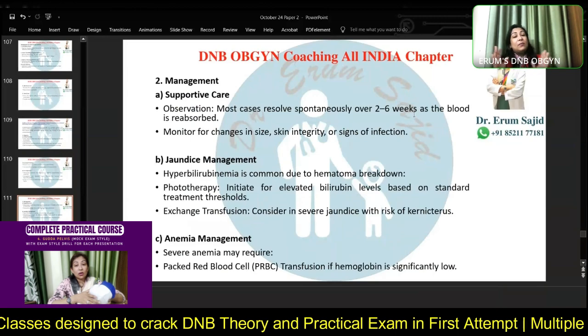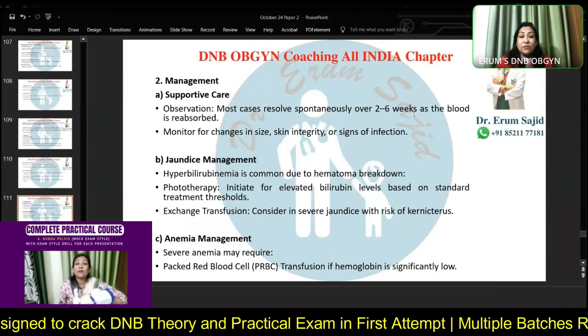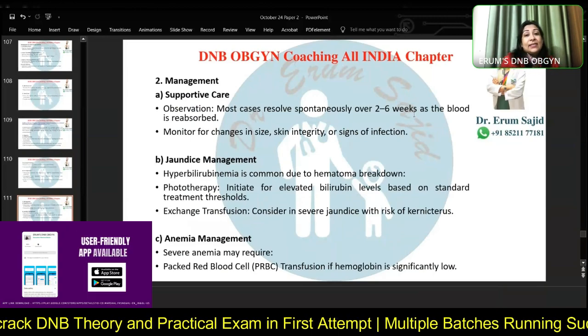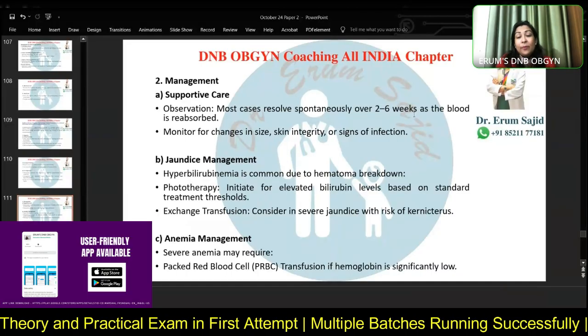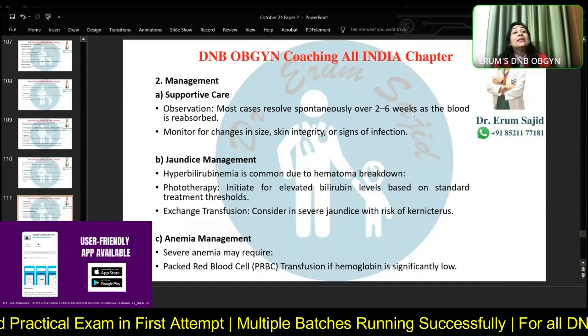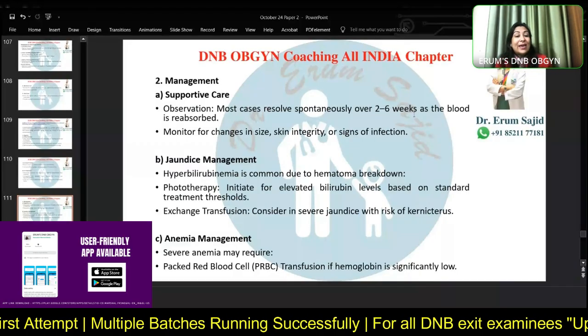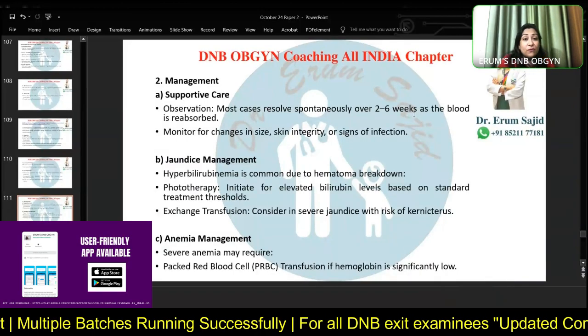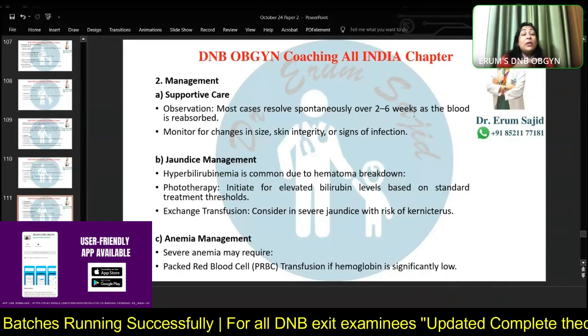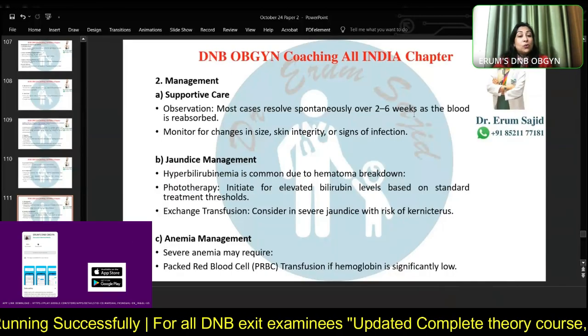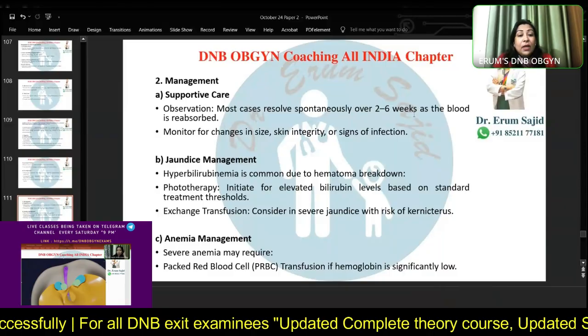Otherwise, it can be very well managed with observation alone. Most cases resolve spontaneously over 2 to 6 weeks as the blood is reabsorbed. You just have to monitor for changes in size, skin integrity, signs of infection, signs of decreased hemoglobin, increased bilirubin, and so on and so forth. Okay.